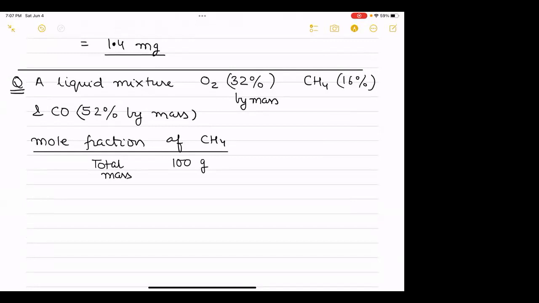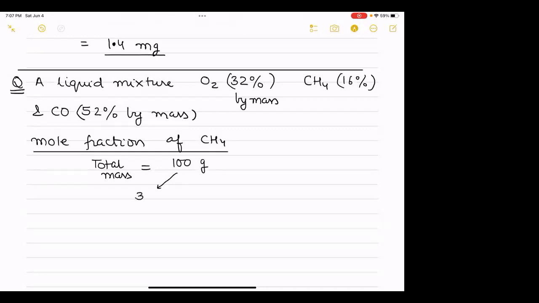Sir, is the mole fraction 0.27? Yeah, very good. Yeah, the mole fraction is 0.26. Right? Yes, sir, 0.26. Yeah, what are you getting? Yes, sir. Even I got 0.26. Okay, very good. Okay, so I assume the total mass to be 100, and now it is very simple.